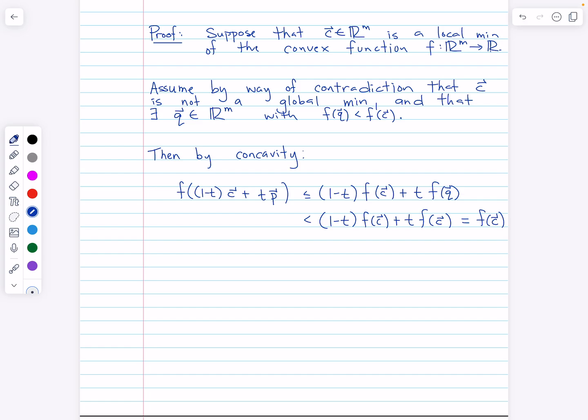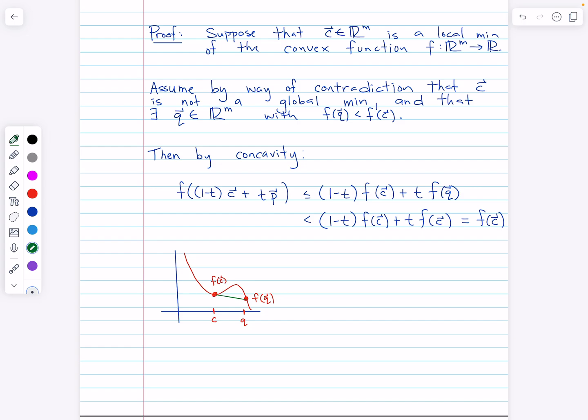So what this tells us is that maybe it's time for a picture break. The intuition behind this proof should not be too hard to see. If we're assuming that this is C, and this is f of C, and that there happens to be some Q value where my function is less than f of C, then if we connect these 2 points with a straight line, notice that line is going to be downward sloping.